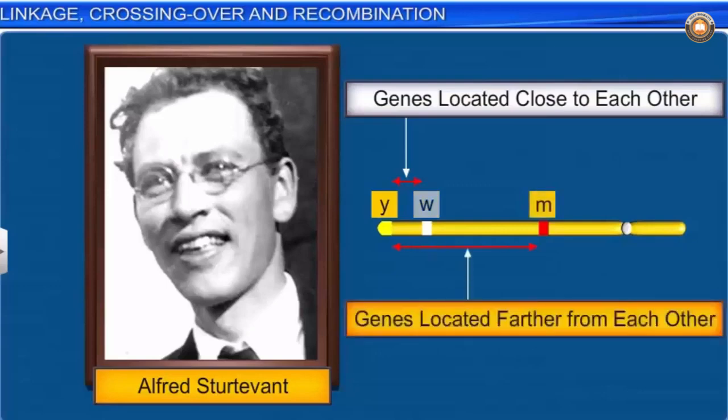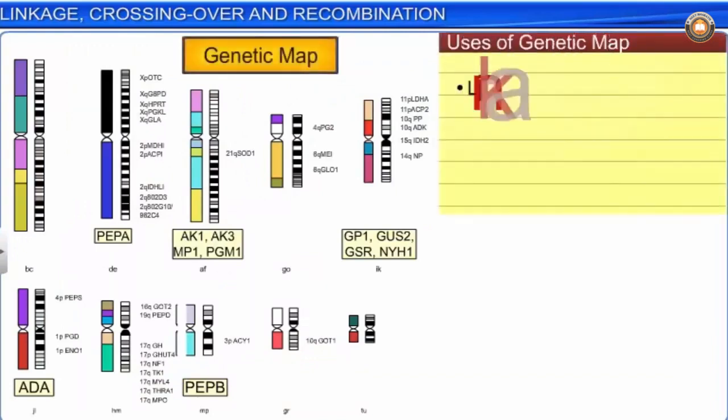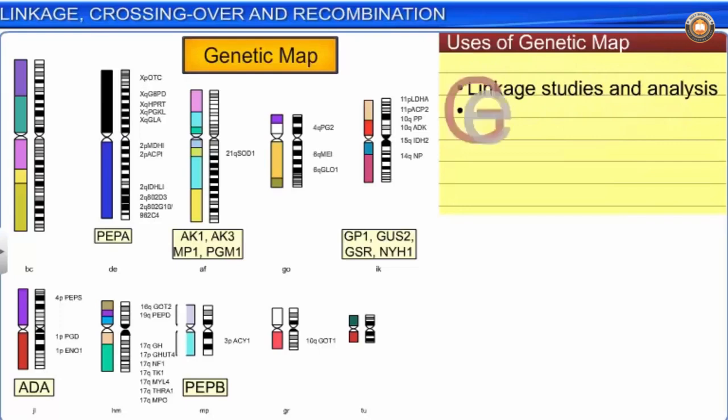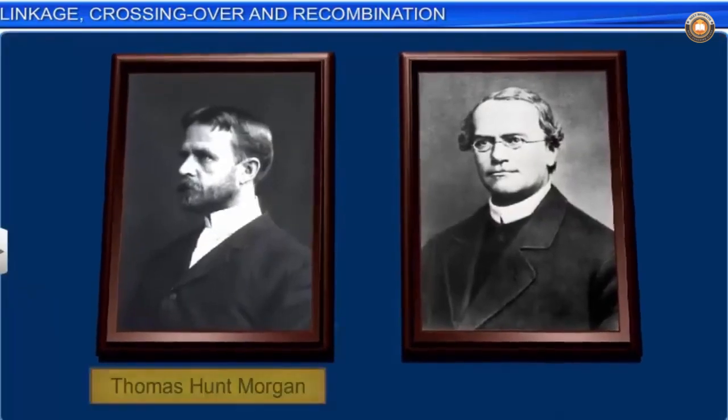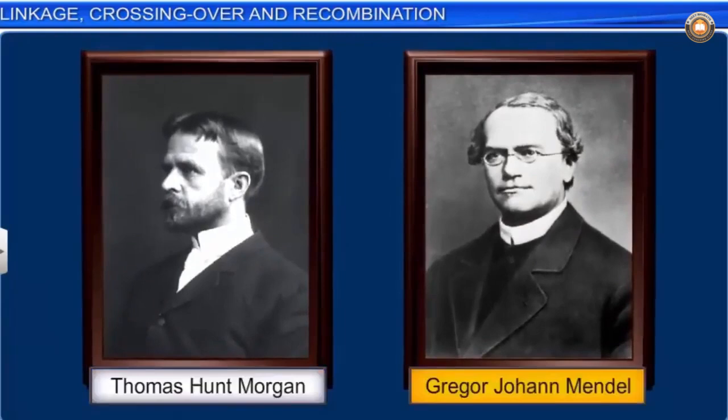Today, genetic maps are being extensively used for linkage studies and analysis, and are a key tool for genome sequencing or discovering the location and identity of genes. Thus, Morgan's experiments on linkage ruled out Mendel's law of independent assortment when linked genes are considered.